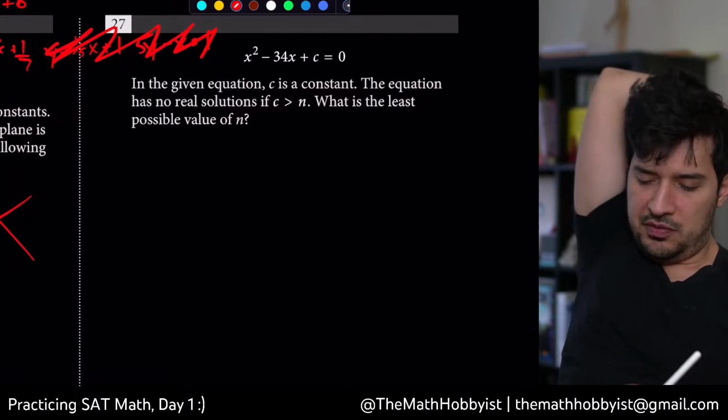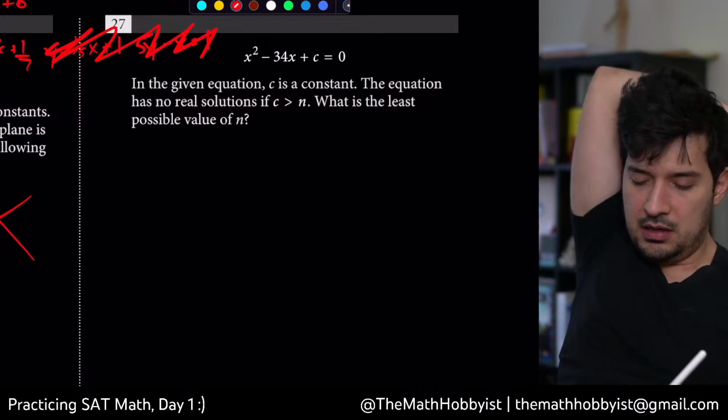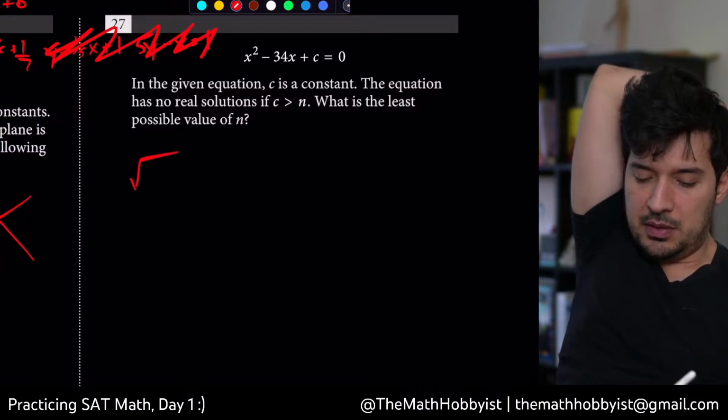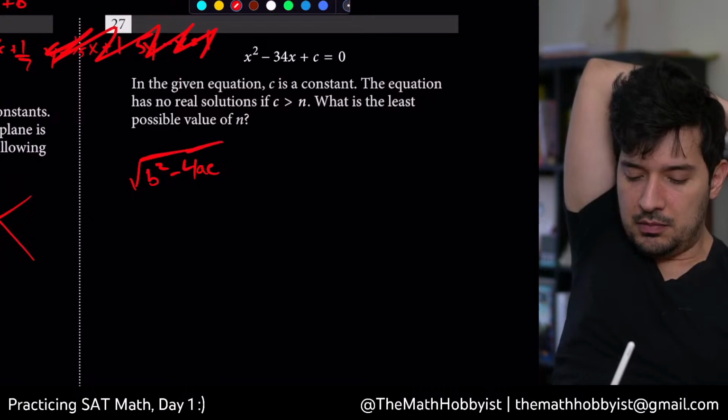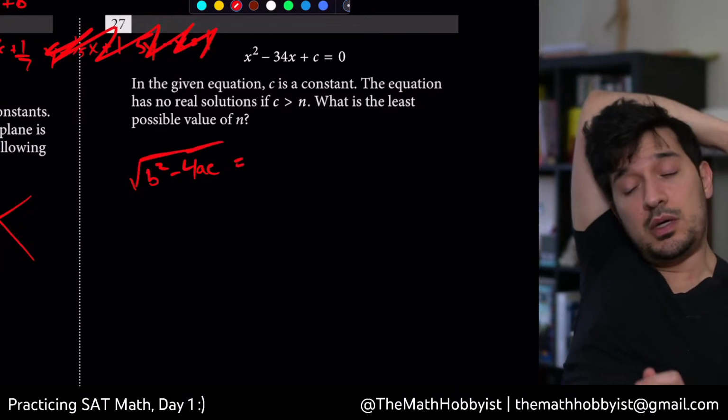No real solutions if c is greater than n. What's the least possible value of n? Okay. No real solutions if c is greater than some number. No real solutions means that the discriminant is negative. The discriminant is b squared minus 4ac. We use that when solving the quadratic equation.